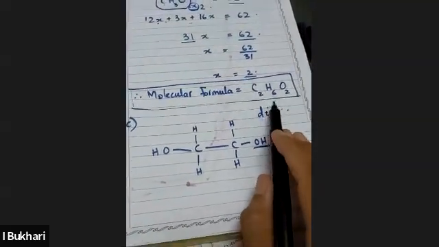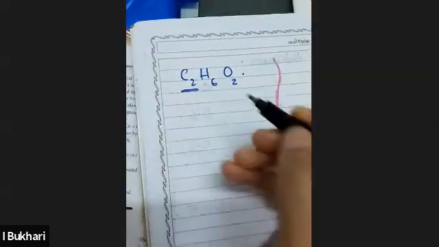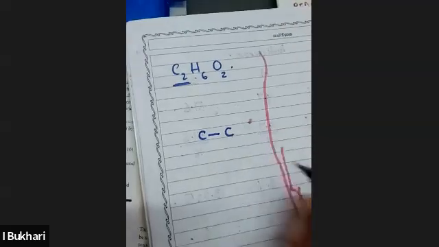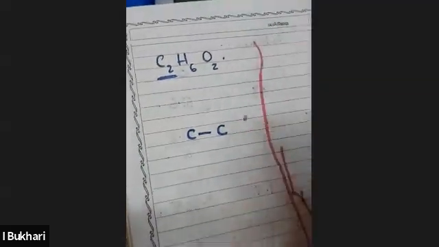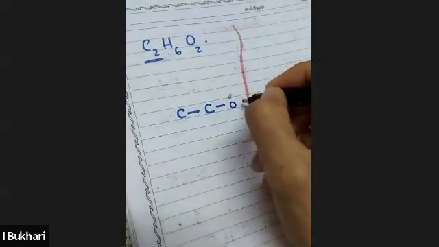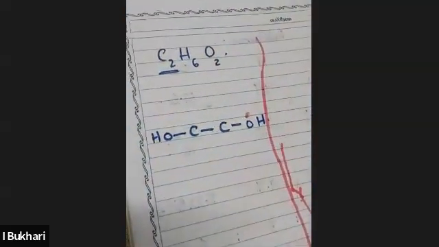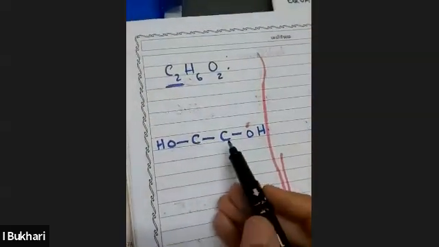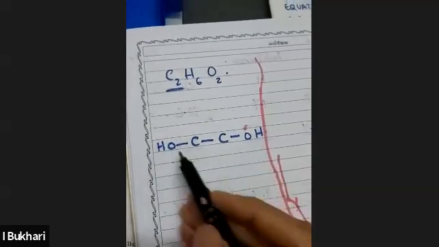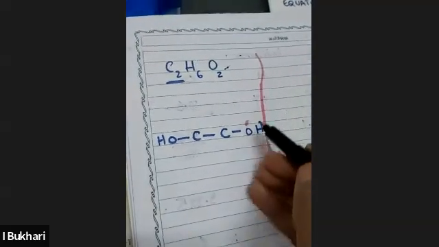So how did I make this? I know the molecular formula is C2H6O2. Now there are 2 carbons, so I drew 2 carbons. The question tells me that there are 2 hydroxyl groups, and hydroxyl groups are always bonded to carbon atoms, so I added those. Now 2 oxygens are gone, there is no other oxygen, so I'm done with oxygen.